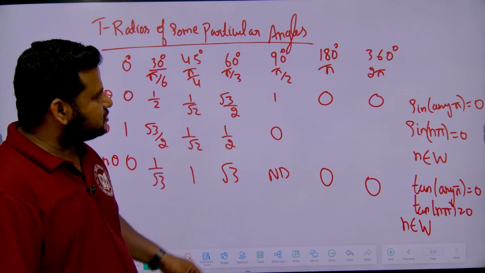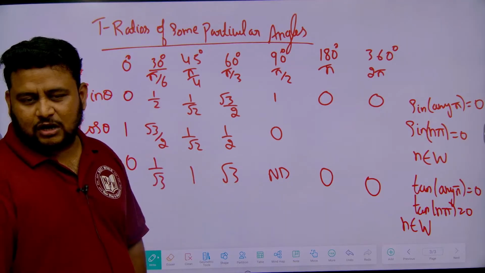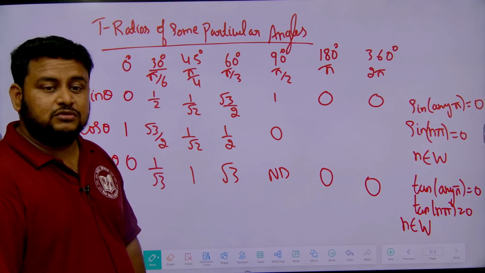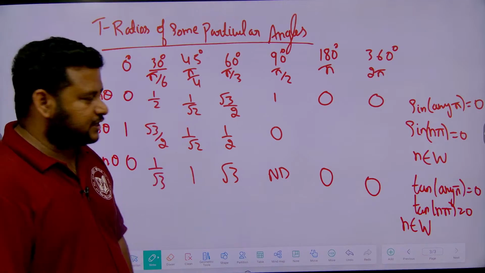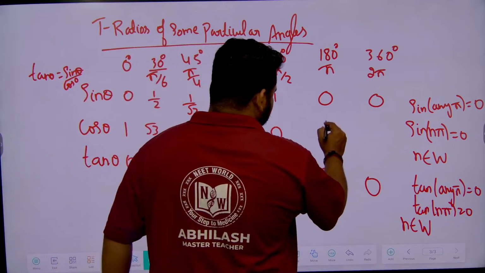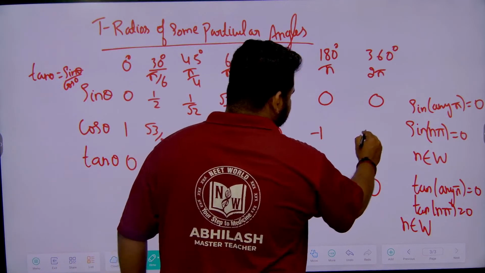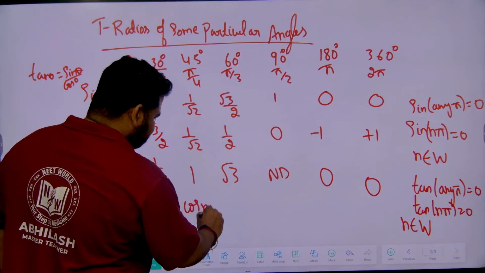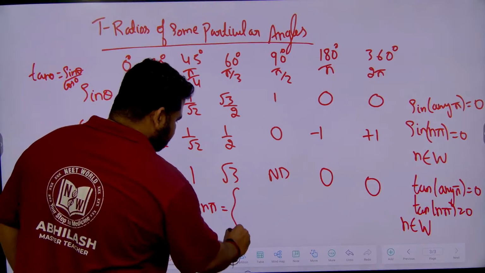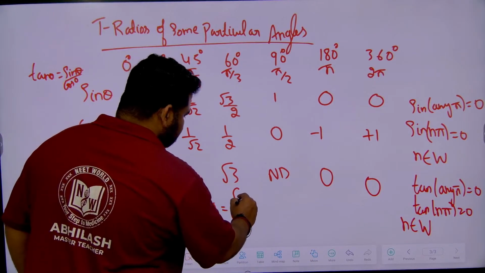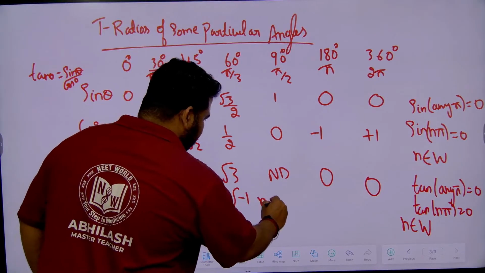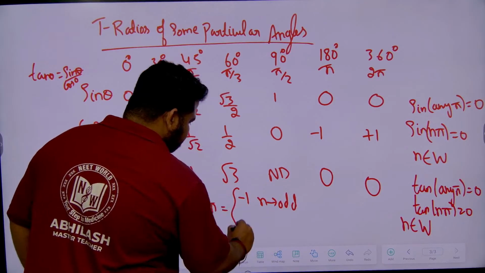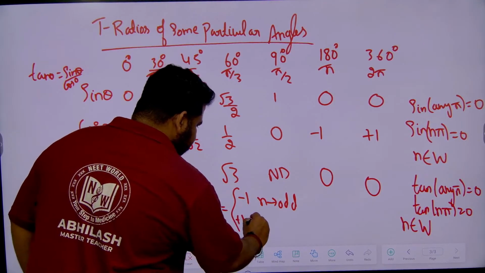Cos 180 degree is -1, 360 degree is +1. Here it will be -1, this will be +1. Because cos of n pi, if I write it, will have two values: it will be -1 when n is odd, and +1 when n is even.